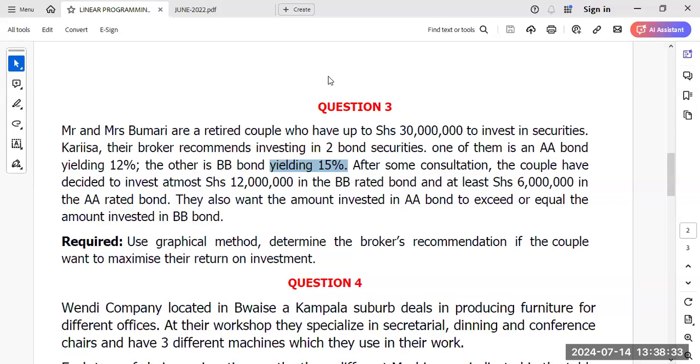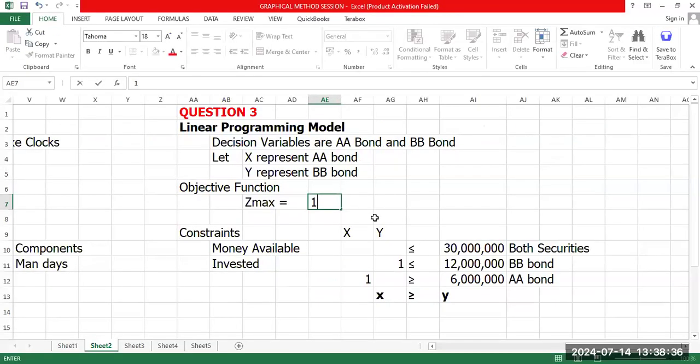So it is 12%, and we define A to represent X. Then I add 15% on Y, which is approximately 0.12x plus 0.15 Y.